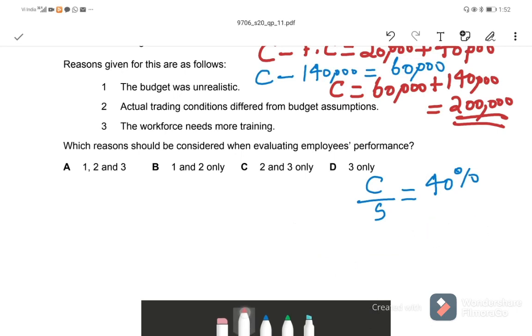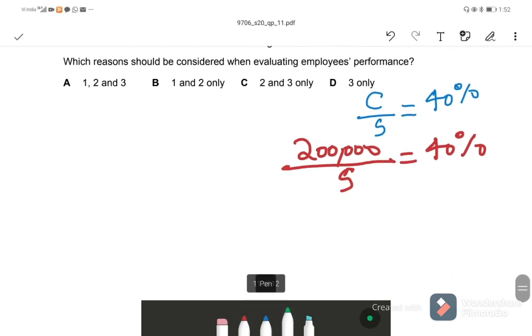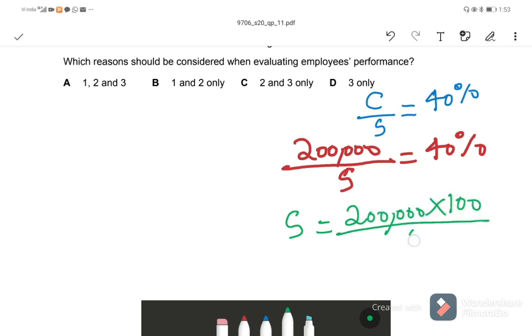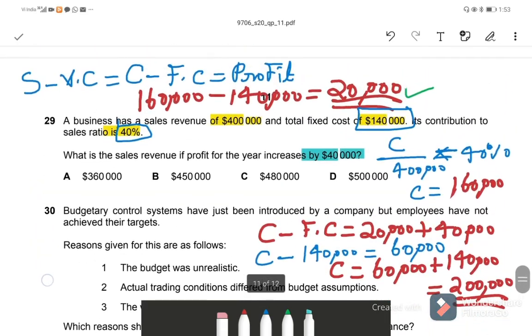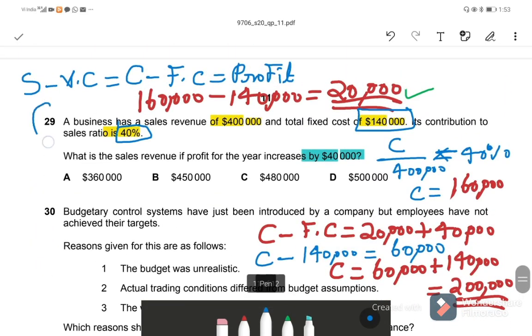So sales is equal to 200,000 multiplied by 100 divided by 40, which comes to 500,000. So our correct answer is 500,000. Question number 29 we have done now. So the correct answer is D.